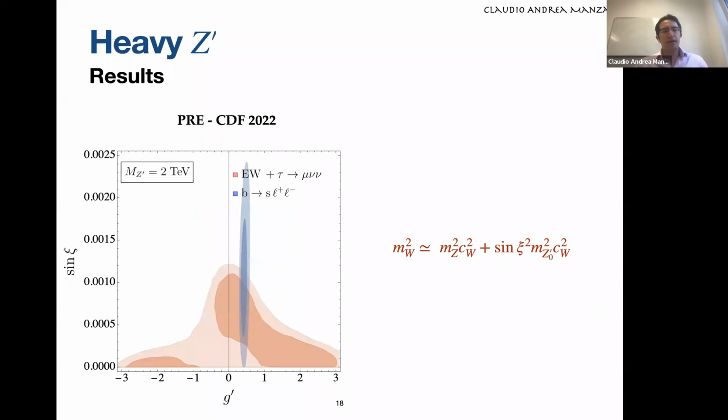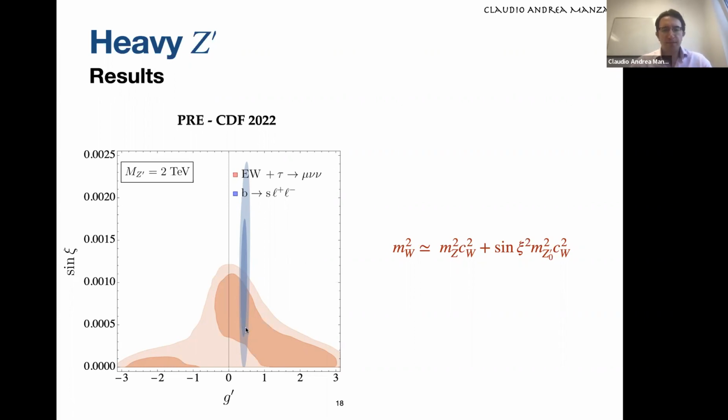So we look at the two data together, and here you can see a nice complementarity between the regions preferred by B to s ll data in blue and the regions preferred by electroweak plus tau to mu and the other observables that I showed you before. Here in particular, you can see the result for a Z prime with a 2 TeV mass and the result in terms of the coupling g prime and the mixing angle. And you see that all data together seem to point to a preference for a non-zero mixing angle.